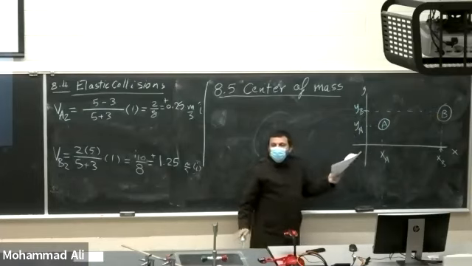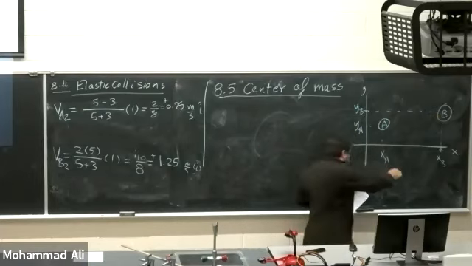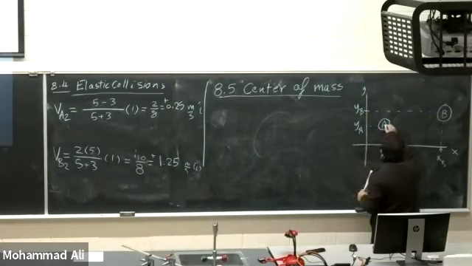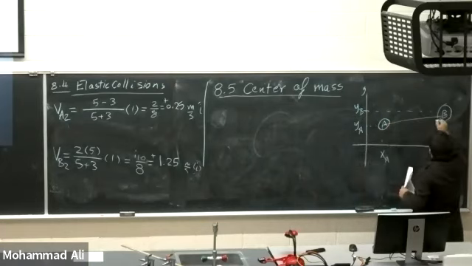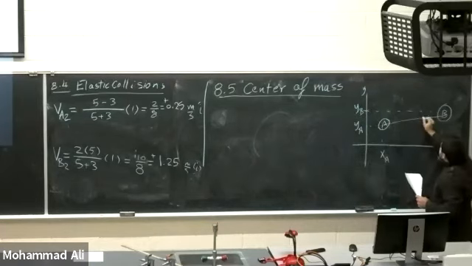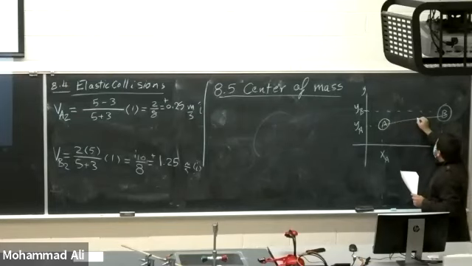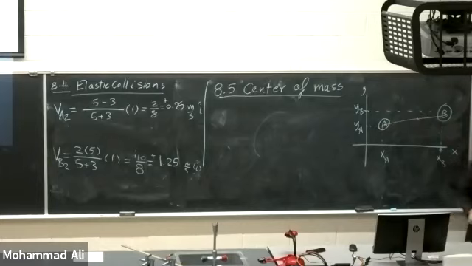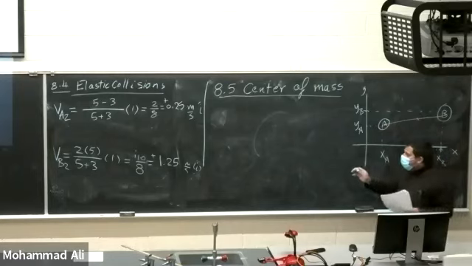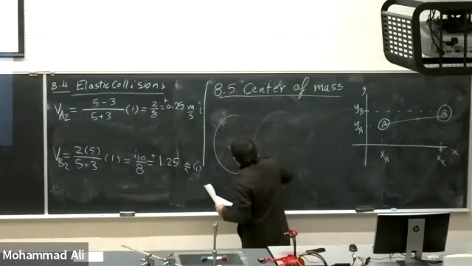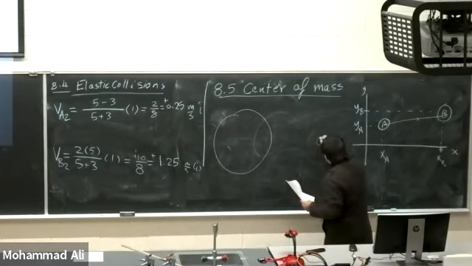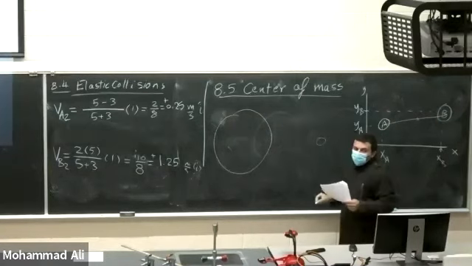The center of mass will lie on the line that connects their centers. The center of mass is at a point on this line. And as a hint, the center of mass is always closest to the heavy object. For example, we have the sun and the earth, which is much smaller.